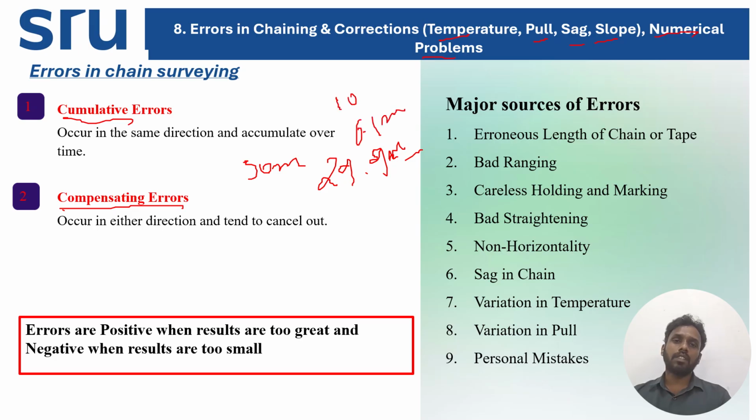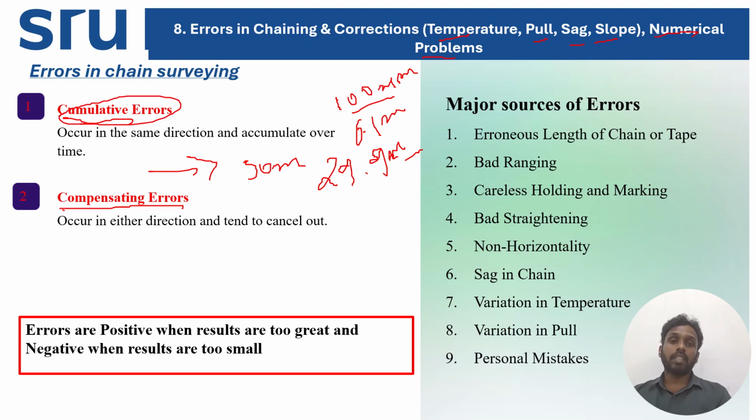It means there is a deficiency of 100 mm on the tape, right? This kind of error, which occurs in the same direction, is called cumulative error. The error will keep on accumulating over a huge number of times, and it cannot be revoked. For each measurement you are missing 100 mm, so by the end of your survey day the error keeps accumulating. This kind of error is called cumulative error.